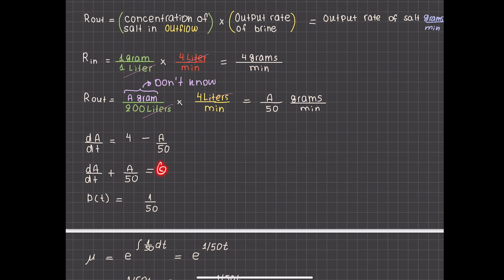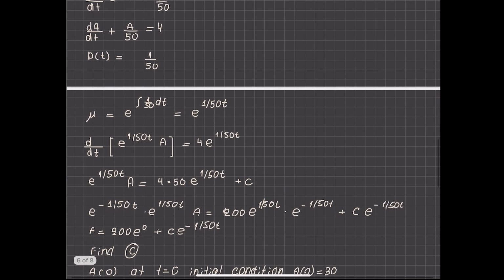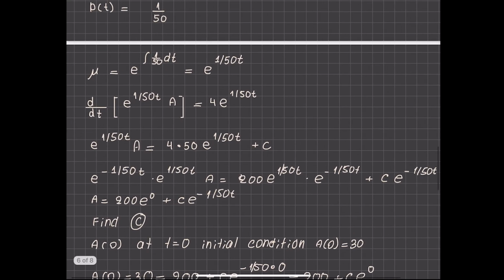The 4 is left here, so this is 1 over 50. That's p(t), or p(x) is 1 over 50, and then mu is e to the integral of p(x) dx. That's exactly what I'm doing here. I don't want to show you too much, so don't get overwhelmed. I'll explain every line.